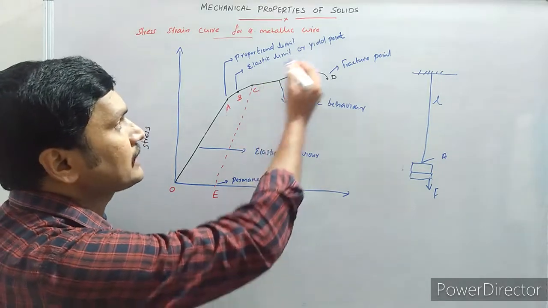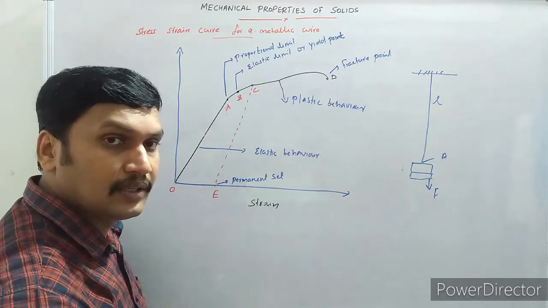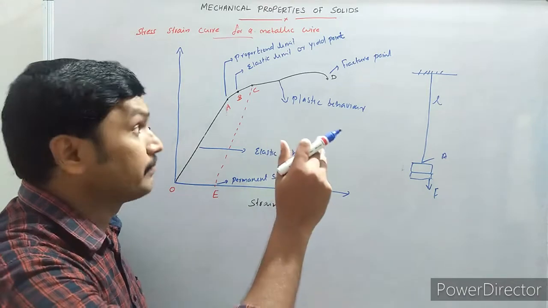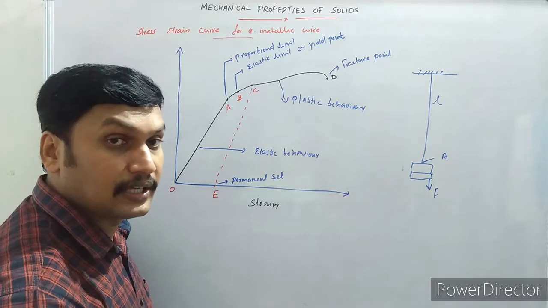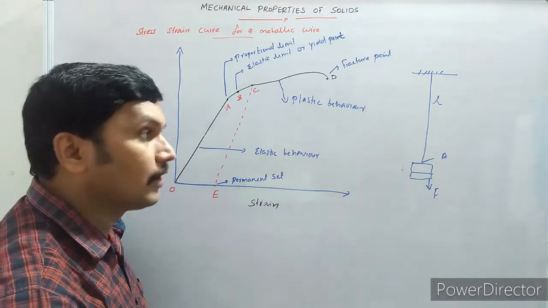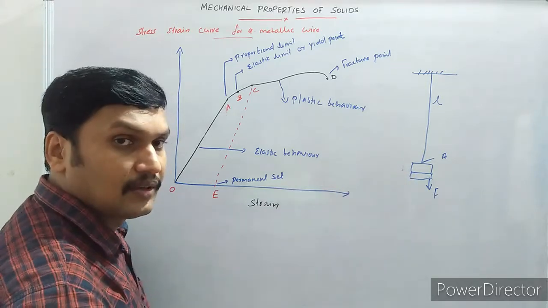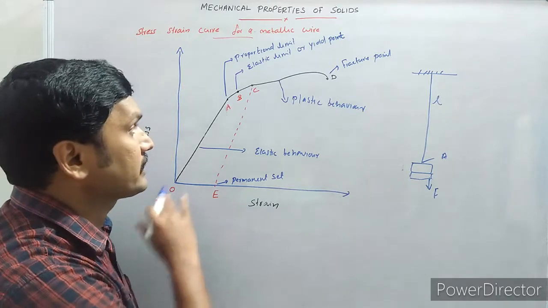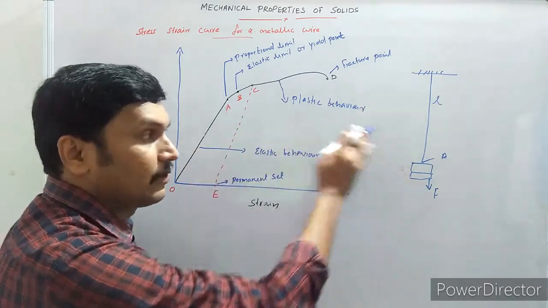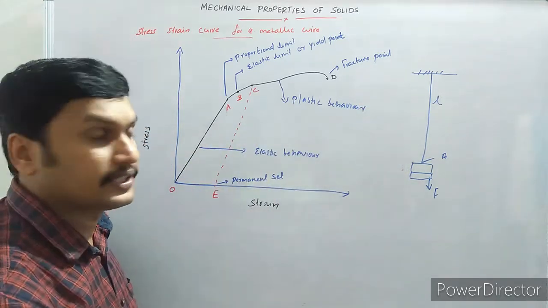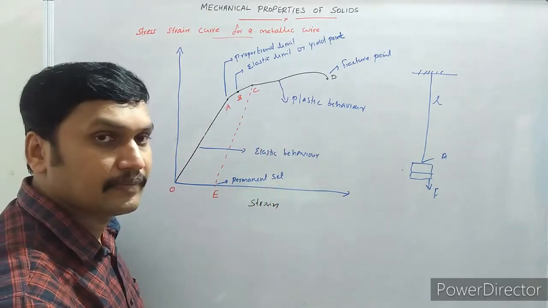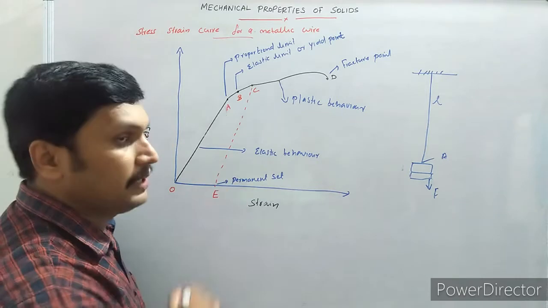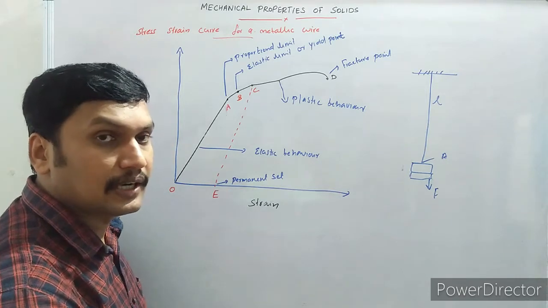So the point B is known as the elastic limit. If you are increasing the stress beyond that value B, the body cannot regain its original length even after the removal of the stress. Up to the point B, it can regain the original length.